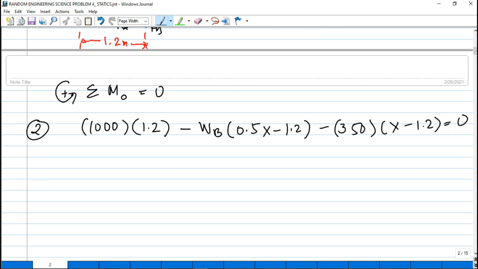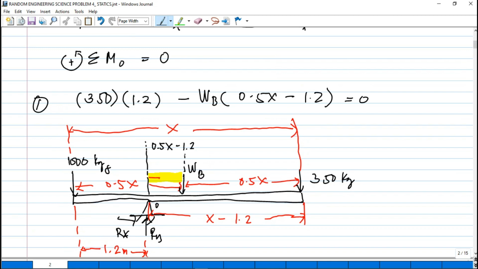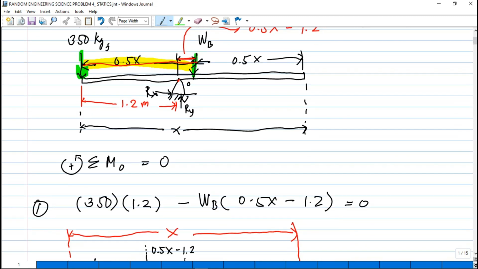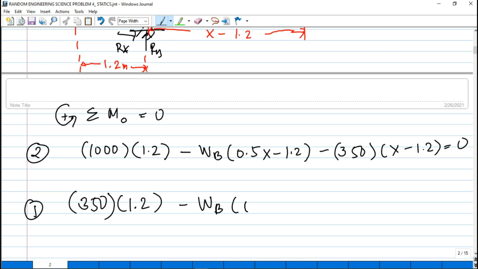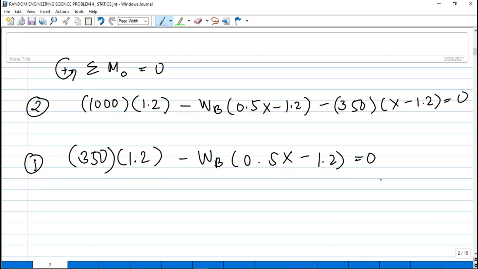So using equation 1, we can find x now, the length of the beam. Equation 1, that is 350 times 1.2 minus WB times 0.5x minus 1.2 equals 0. Okay, from this equation 1, W sub B times 0.5x minus 1.2 is just equal to, transpose natin, 350 times 1.2.